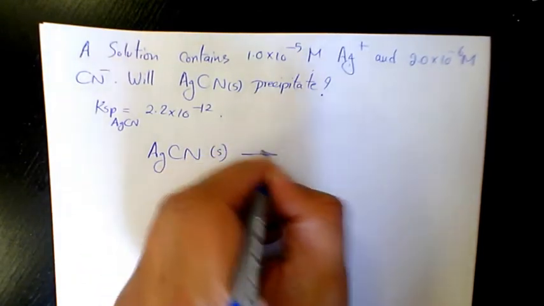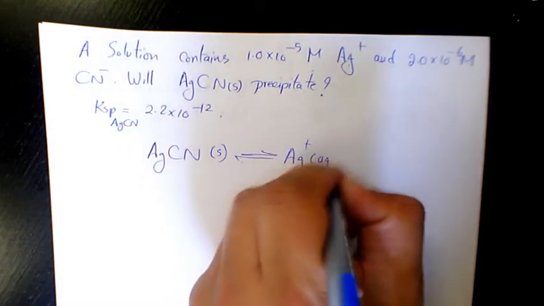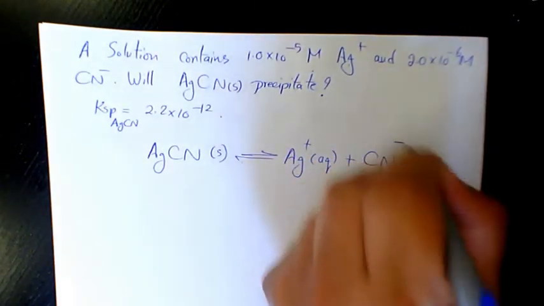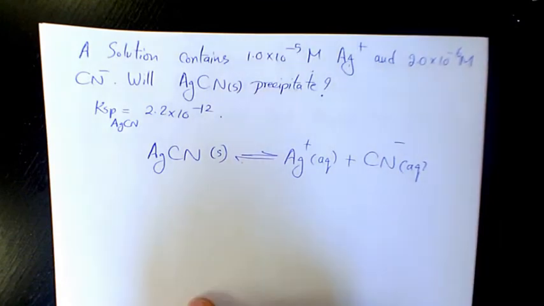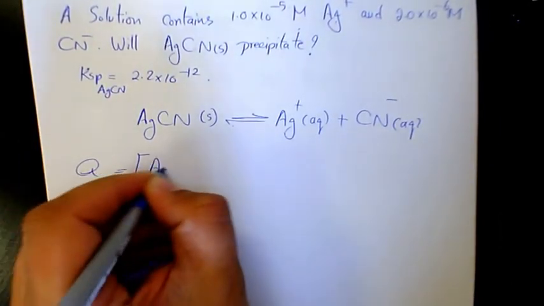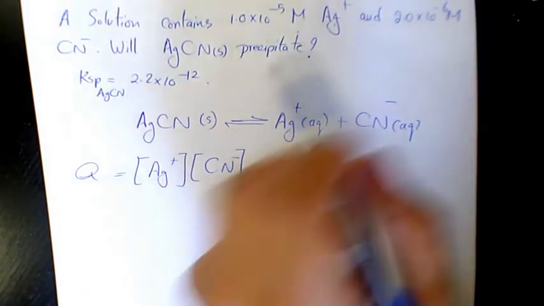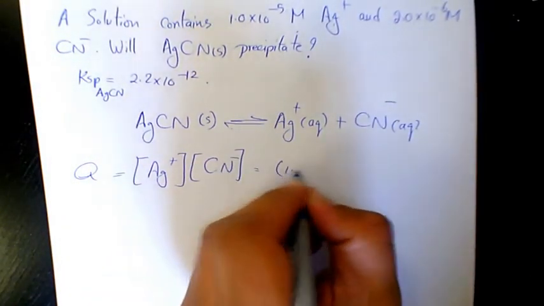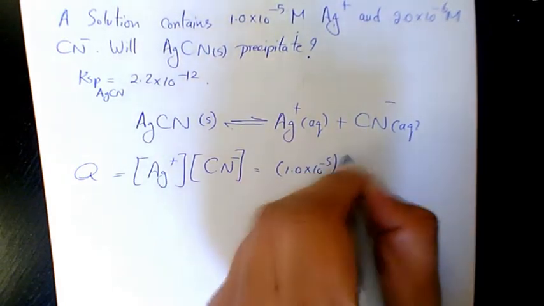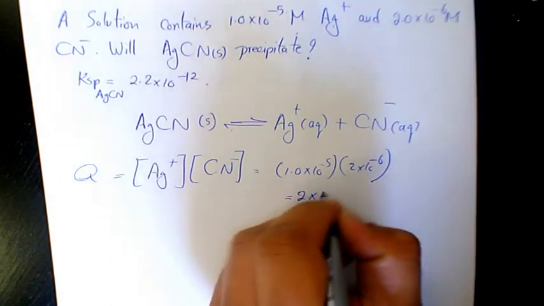In solid form it is going to dissolve and produce Ag+ in aqueous phase plus CN- in aqueous phase. So Q will be equal to Ag times CN, and you have both concentrations: 1 times 10 to the power of negative 5 times 2 times 10 to the power of negative 6. That will be 2 times 10 to the power of negative 11.